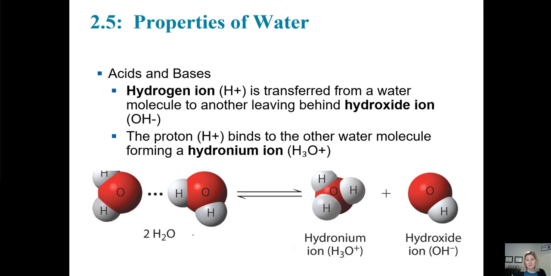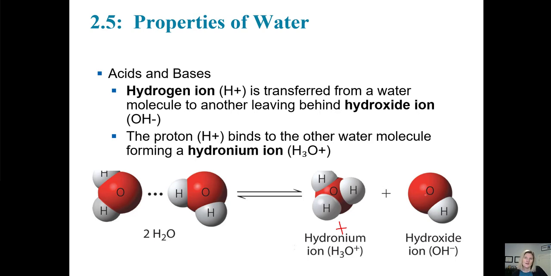If we have two water molecules, for example, they're going to react together and they can form what's called a hydronium ion, which is where we have one oxygen and three hydrogens. But that's a positive charge, right? Because the oxygen only needs 2 electrons, but the hydrogens have 3 total, so that's going to give it an extra positive charge. And then we have our hydroxyl ion as the leftover, so that's the oxygen and hydrogen.